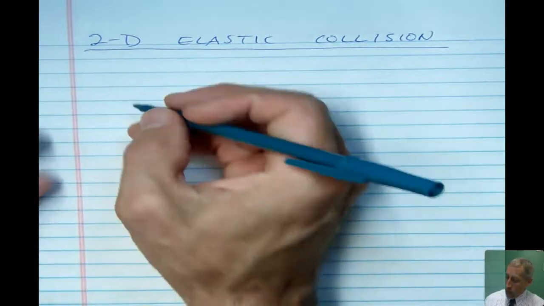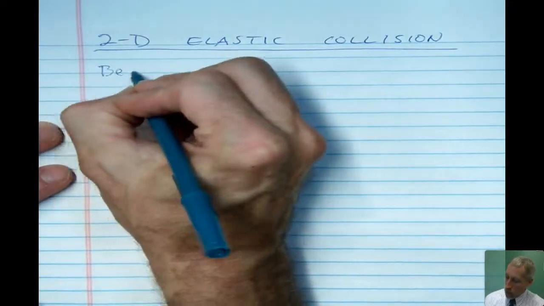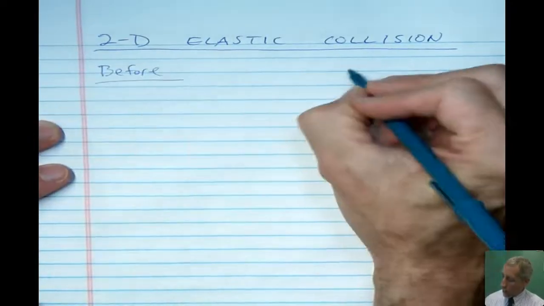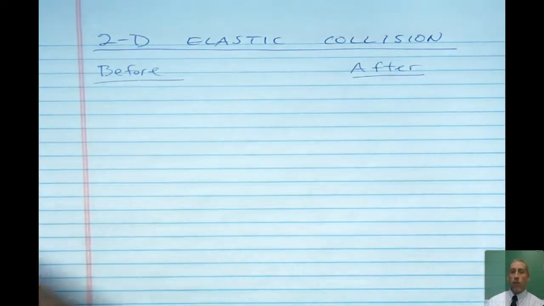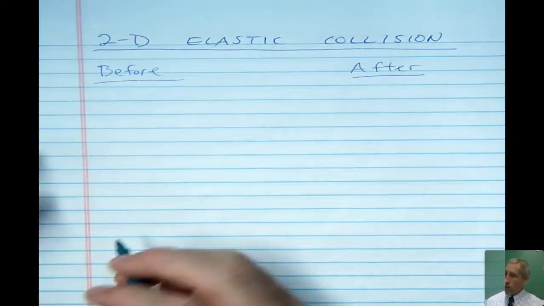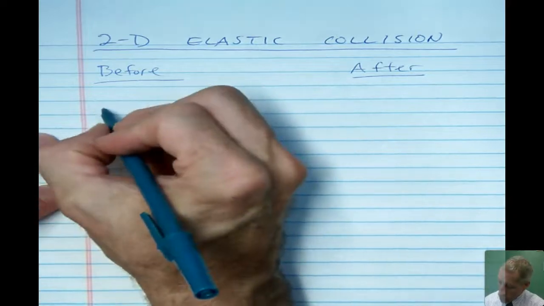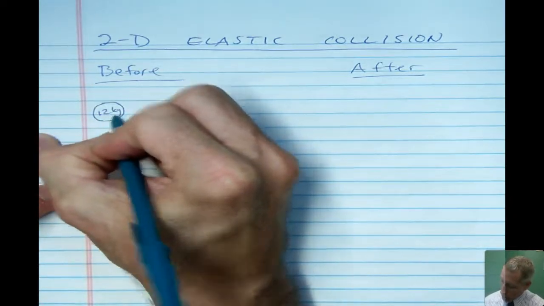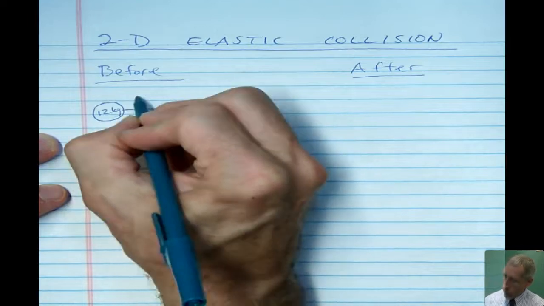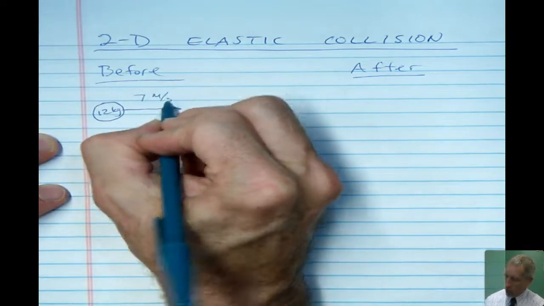So I want to draw a diagram showing what's going on both before and after. And I find that these before-after diagrams are really helpful for just organizing in your mind what's going on. So suppose we have a 12-kilogram object that starts out moving at 7 meters per second, and I'll have it rightward.